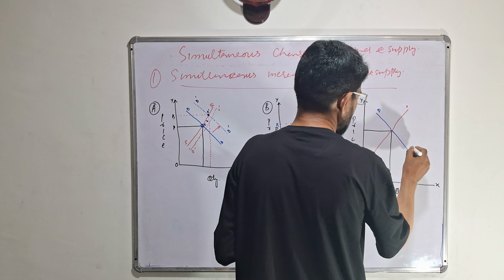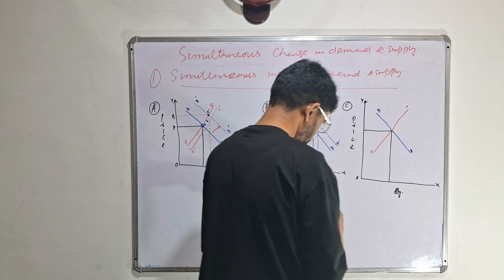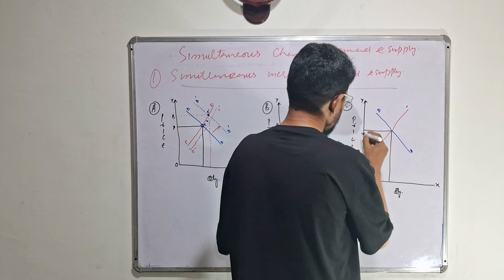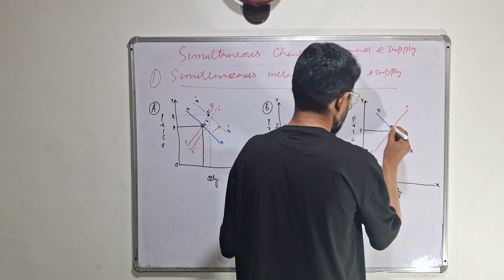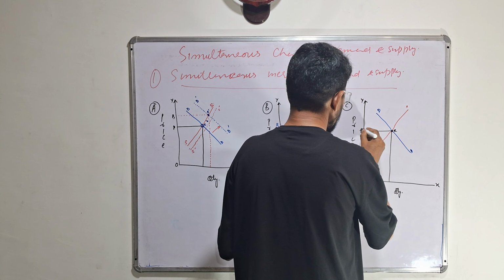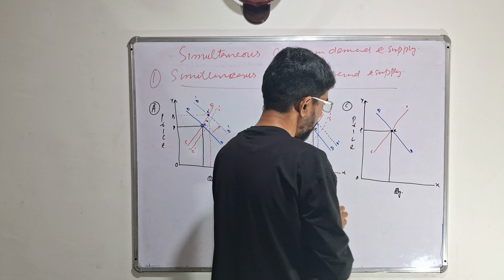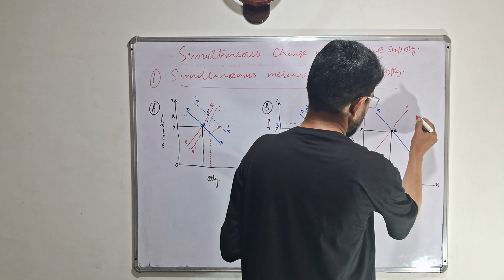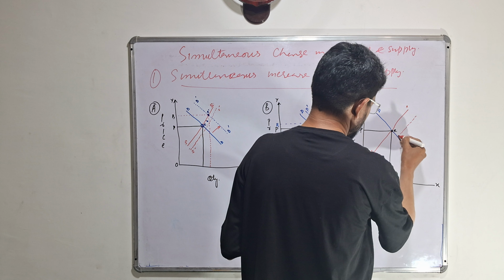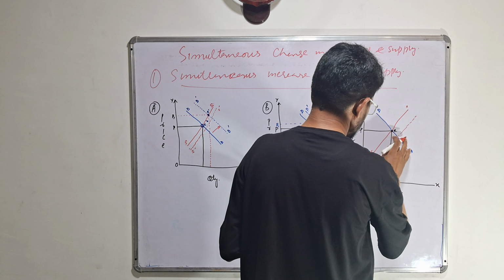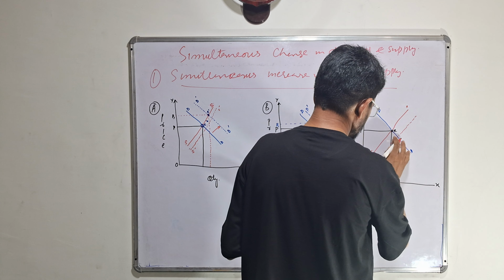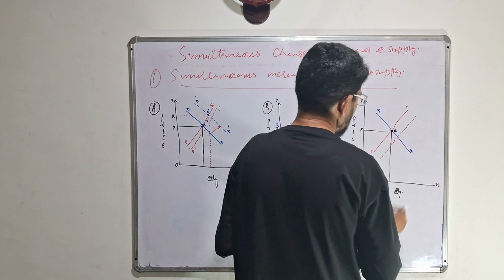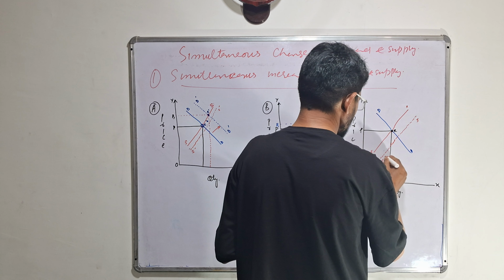Initially this is P, this is initial Q, and this is equilibrium point E. Now the supply curve shifts rightwards from SS to S dash.